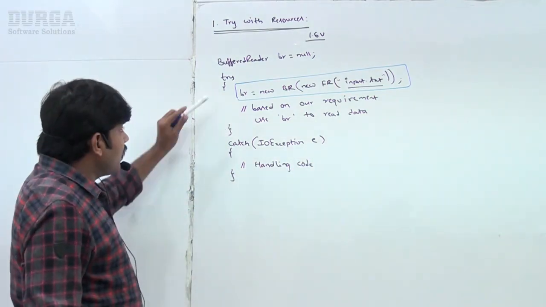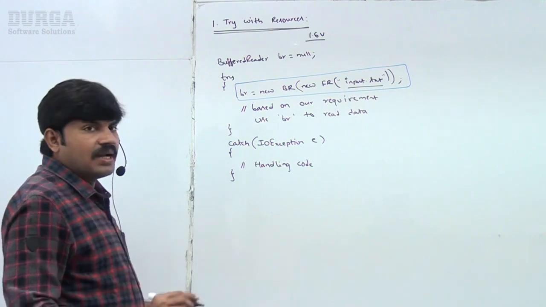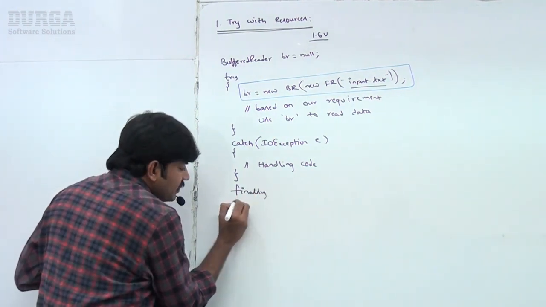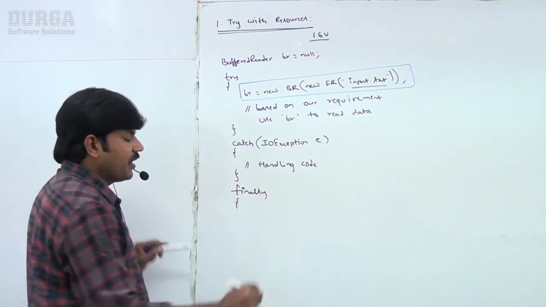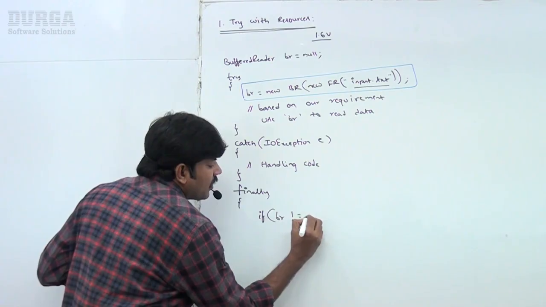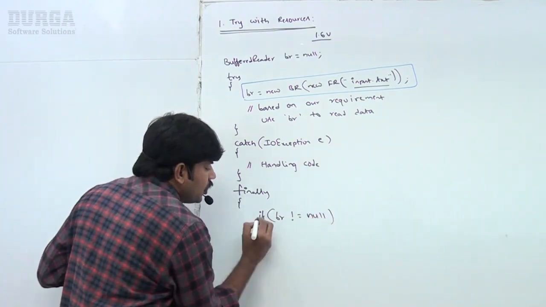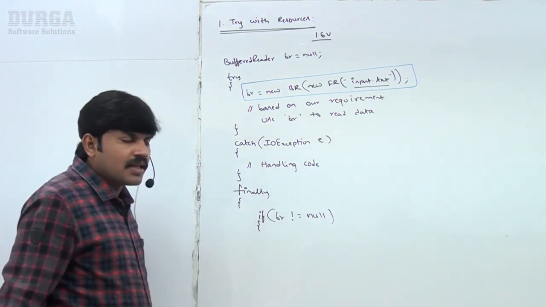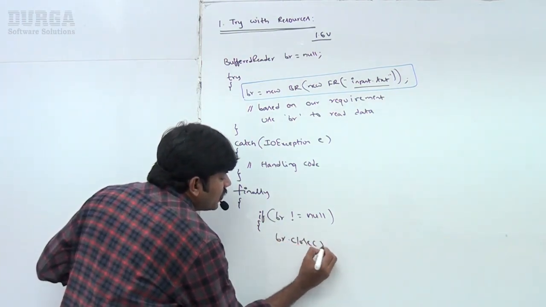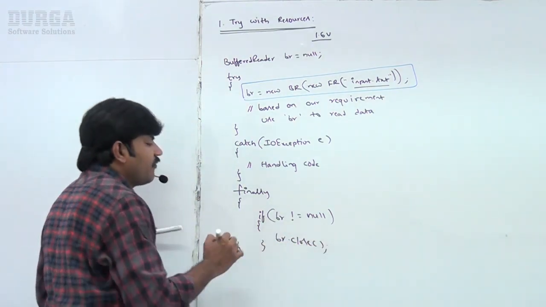Catch, and then finally. Inside the finally block, I have to take: if br is not equal to null, then br.close(). Can you please close the BufferedReader?